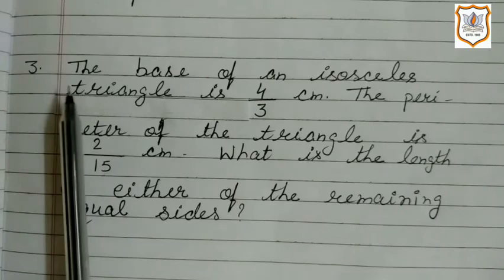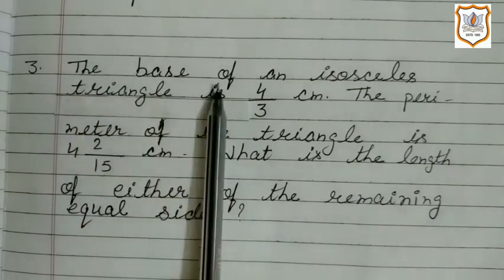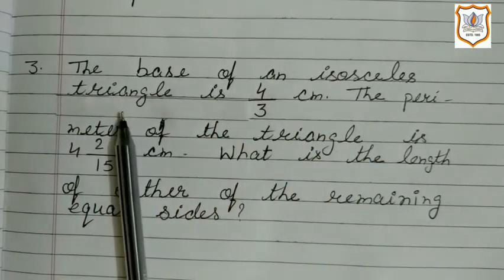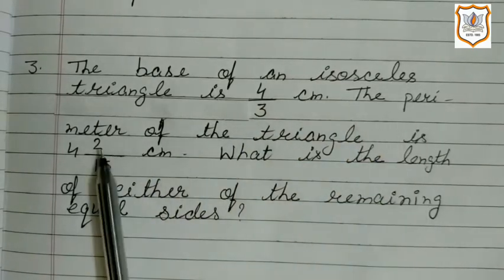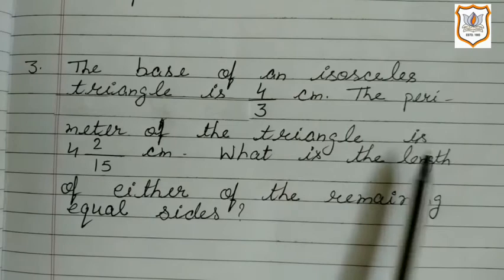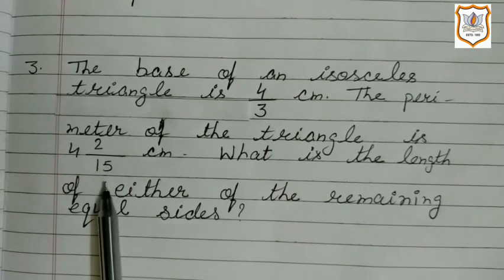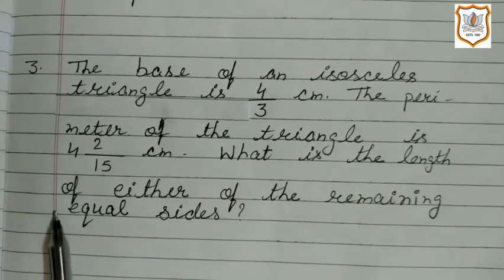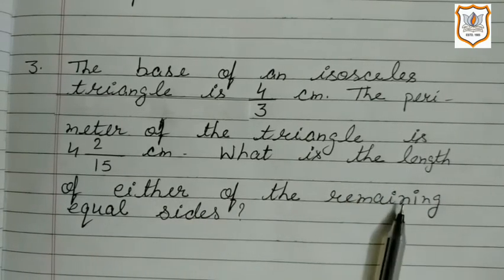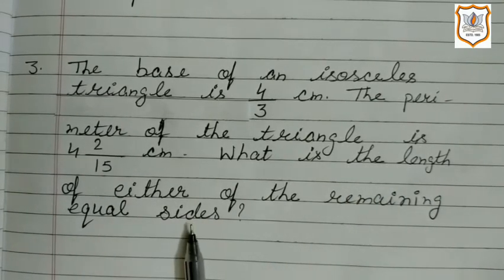Now we will read the next problem. The base of an isosceles triangle is 4/3 centimeter. The perimeter of the triangle is 4 2/15 centimeter. What is the length of either of the remaining equal sides?